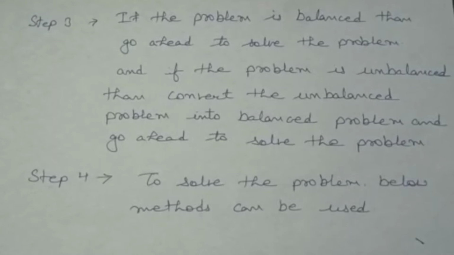If the problem is balanced, then go ahead and solve the problem. But if the problem is unbalanced, then convert the unbalanced problem into a balanced problem and then go ahead and solve that problem. To solve a maximization problem, we have three methods. I will explain all three methods.